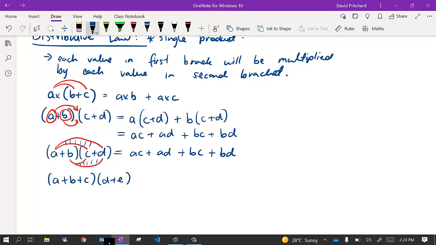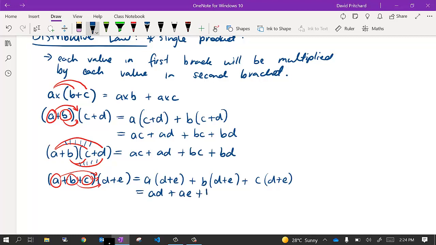If we consider distributive law, and we say, well, A must be multiplied by the second bracket, B must be multiplied by the second bracket, and C must be multiplied by the second bracket, then it starts to work a little bit cleaner, and we can say, well, that's just A multiplied by D plus E, and B multiplied by D plus E, and C multiplied by D plus E. So AD and AE and BD and BE, CD and CE.